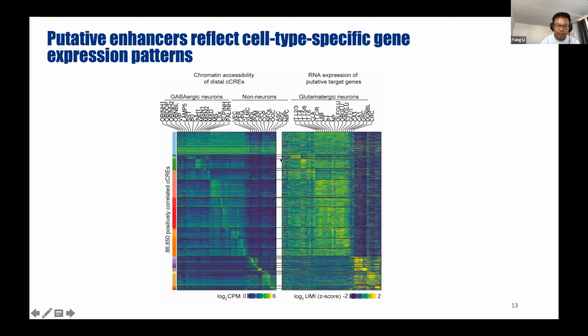And you can still see that some of the cell type specific candidate cis-regulatory elements are associated with the expression of some cell type specific genes. So using this link between the cis-regulatory element and its putative genes, you can do several research.